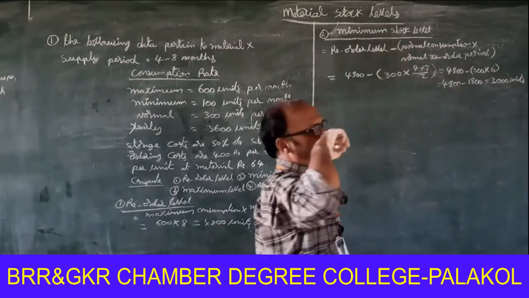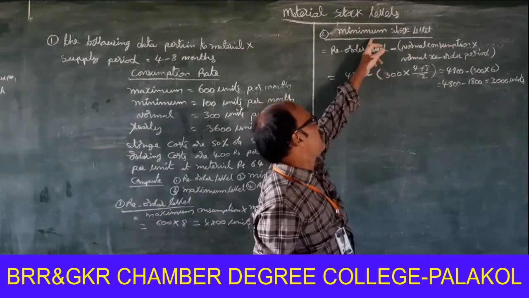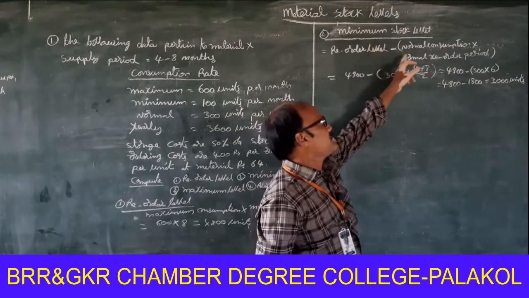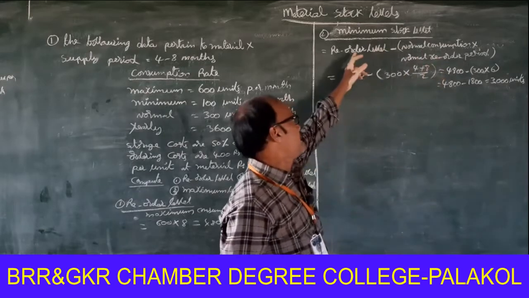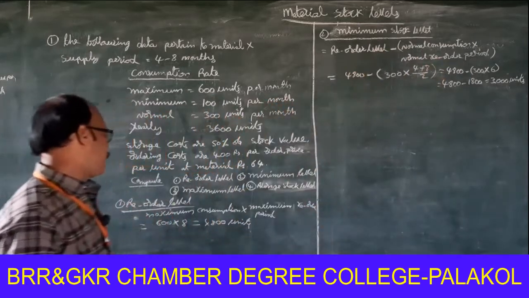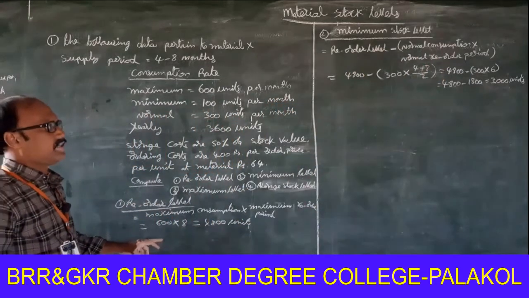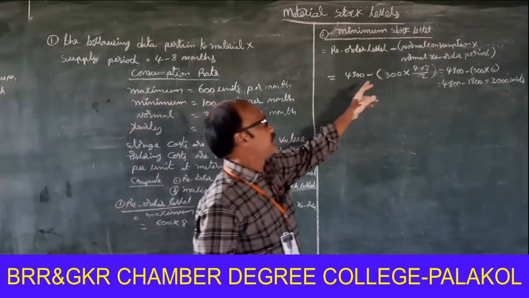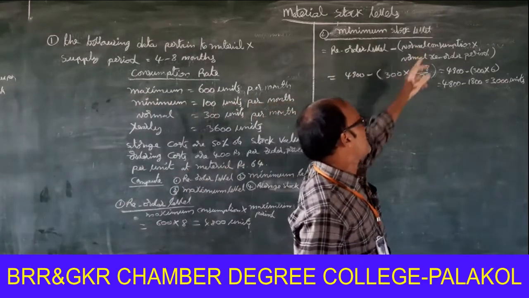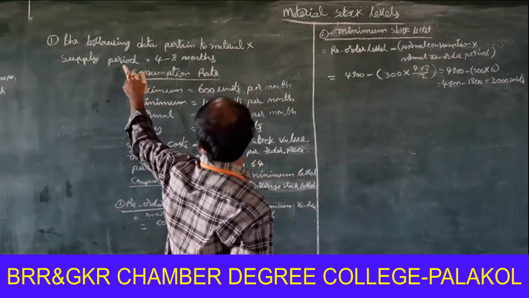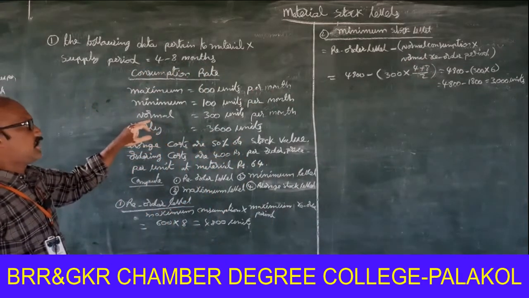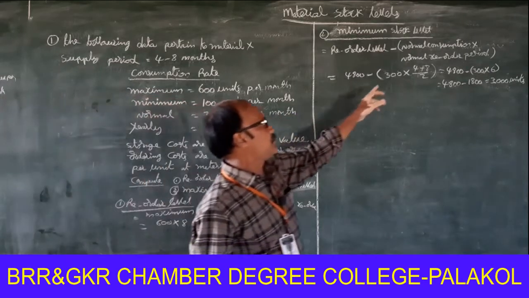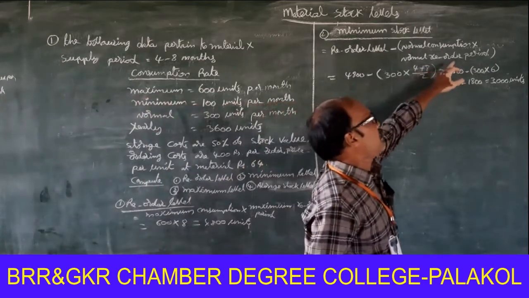Once again, minimum stock level is equal to reorder level minus normal consumption into normal reorder period. Reorder level we already calculated, 4800, minus normal consumption. The normal consumption is available directly in the problem: normal consumption is equal to 300 units, so 300 units into normal reorder period.